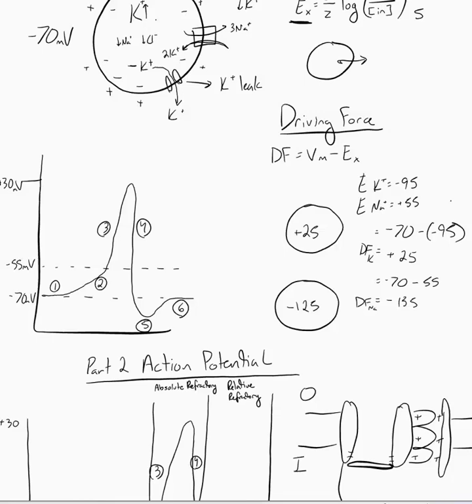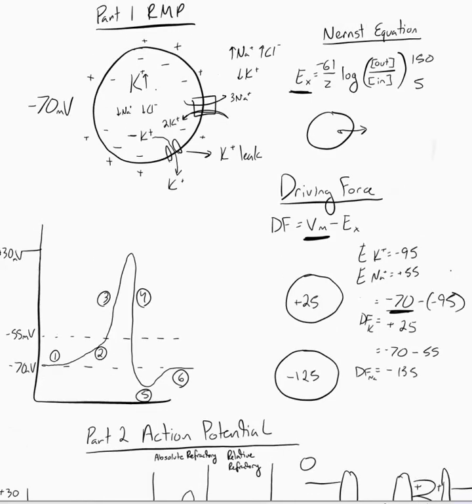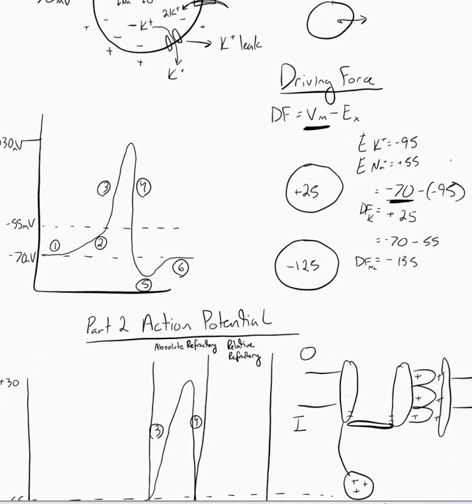So like at normal resting membrane potential, like we said, it's about negative 70, and from calculations from the Nernst equation, we found that the equilibrium of potassium is about negative 95, the equilibrium of sodium is about plus 55.